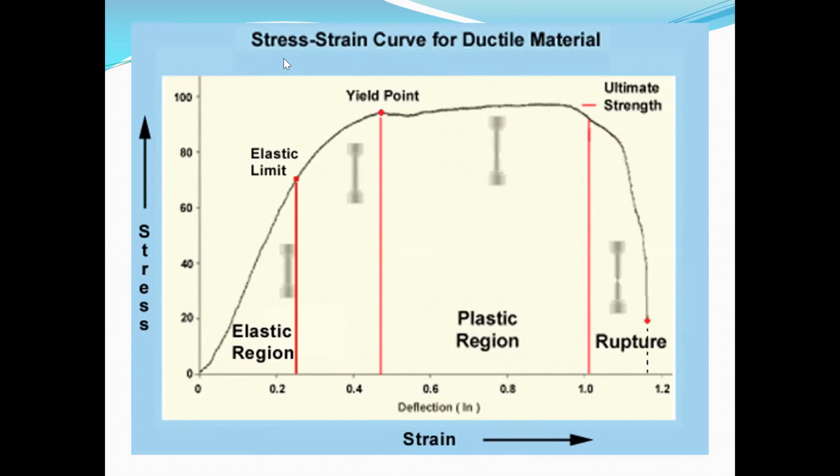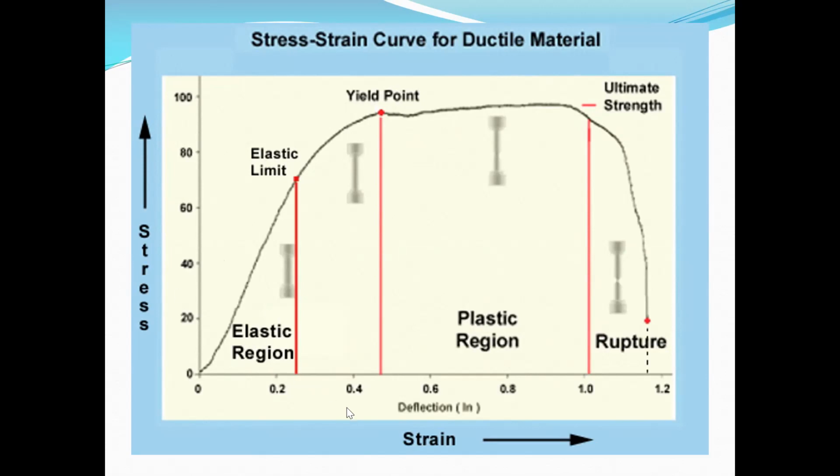I'm just introducing it. This slide shows the stress strain curve for a ductile material. If you take the example of steel bars or rods that we use in building construction, those materials are tested in the laboratory for their strength. When such a material is subjected to load, what happens at the initial stage?